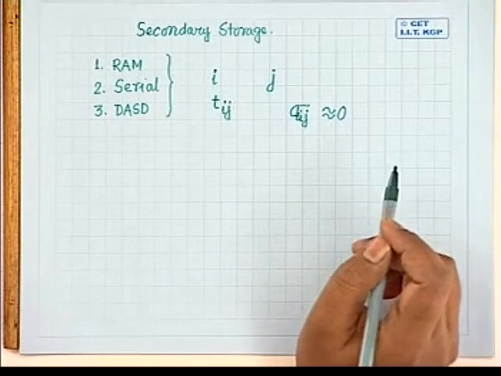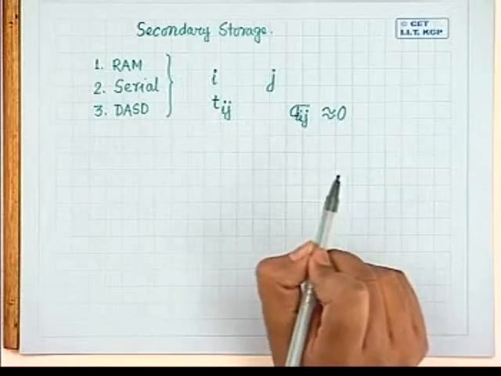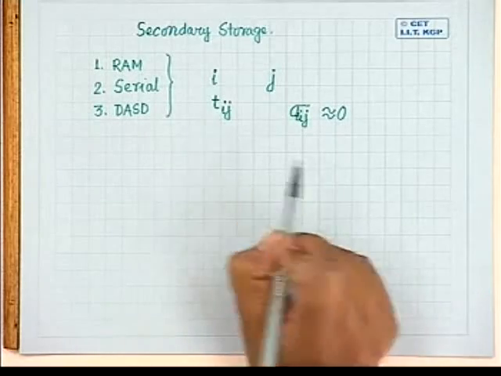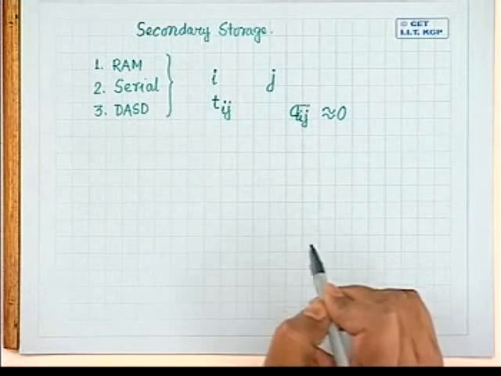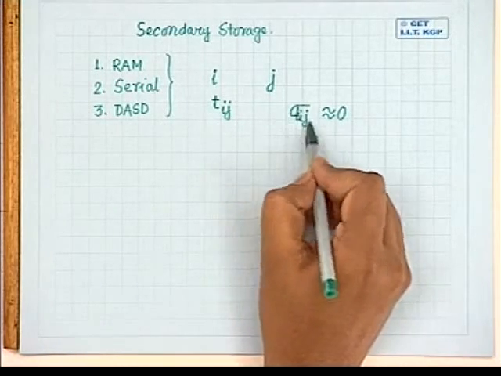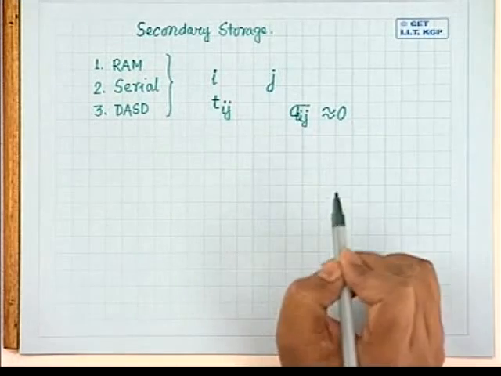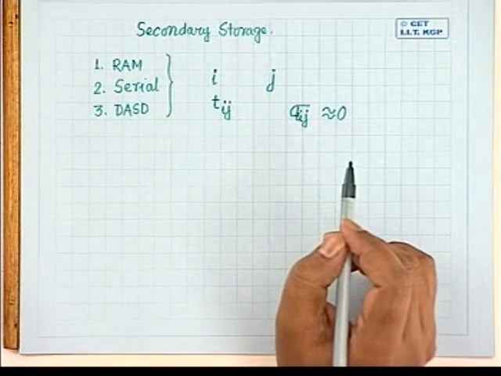Whether the next location is 15 or 50, the time to move from the 5th location to the 15th location or the 5th location to the 50th location is more or less the same. That means the variance in Tij is nearly 0 in case of random access memory.